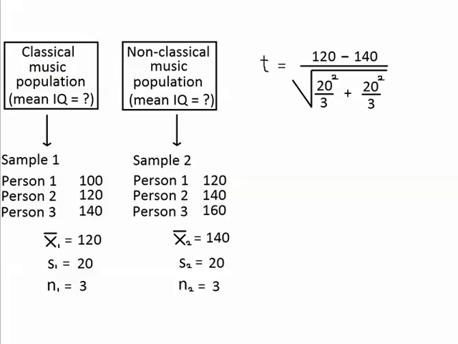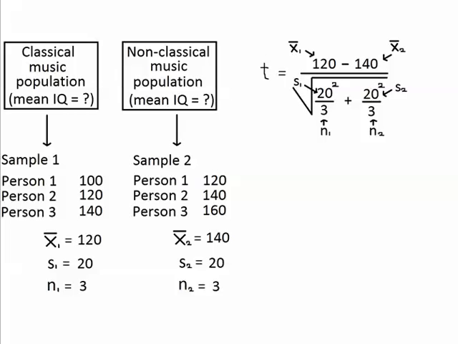To do the math, the first step would be to subtract the 2 sample means on the top of the formula. Remember, the top of the formula is x bar 1 minus x bar 2. I subtract the mean of the classical sample by the mean of the non-classical sample, 120 minus 140.